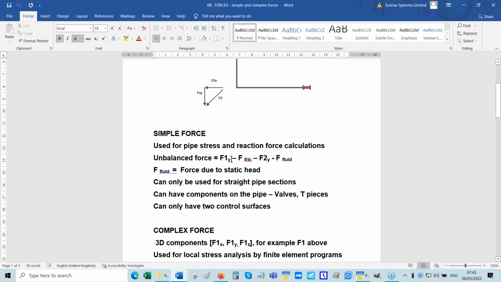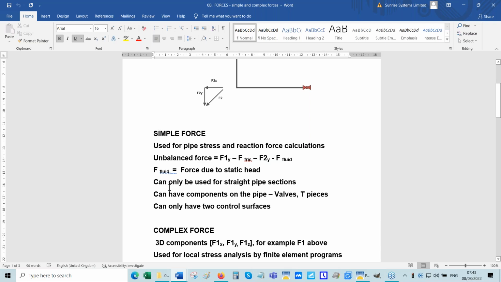So F1y minus the frictional force, F2y minus the static head force. That is the unbalanced force. Don't forget friction, because the friction force acts on the pipe walls. So this is the unbalanced force.